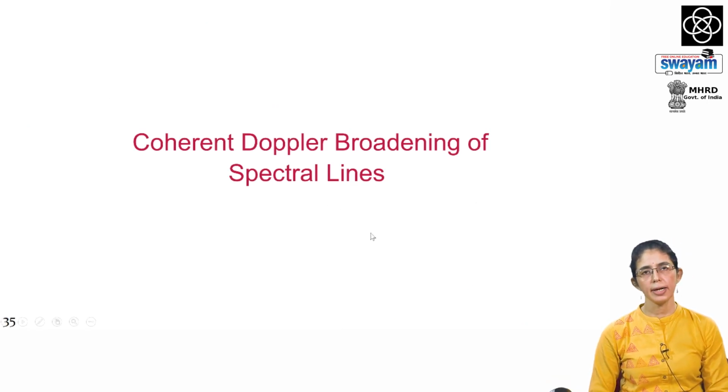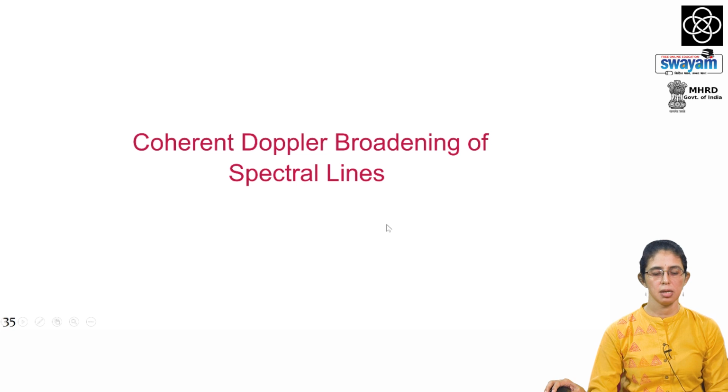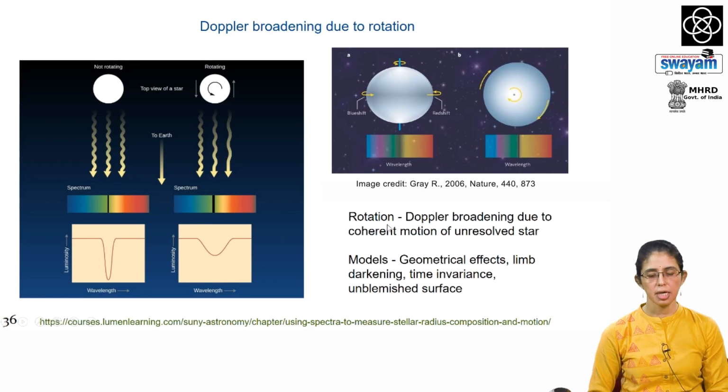Now, let us look at other effects which are coherent Doppler broadening effects of the spectral lines. First, we consider the case of Doppler broadening due to rotation of a star. Let us assume that the star is rotating and the rotation axis of the star lies along the plane of the sky, or has a small inclination with the plane of the sky.